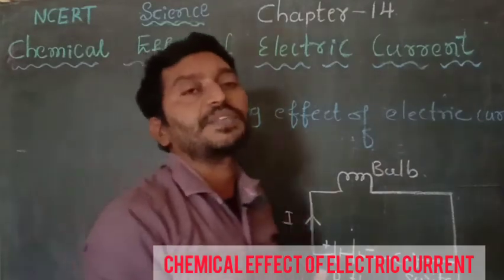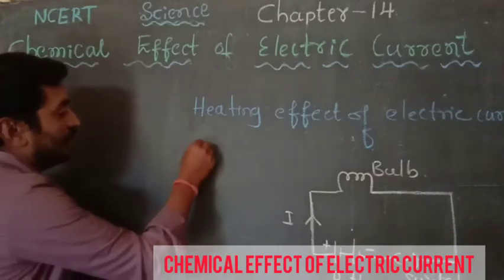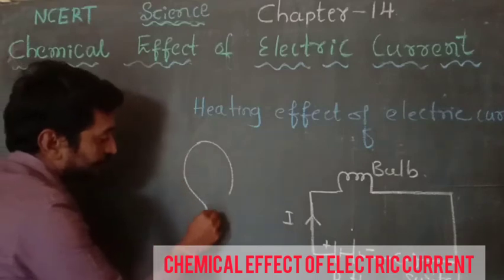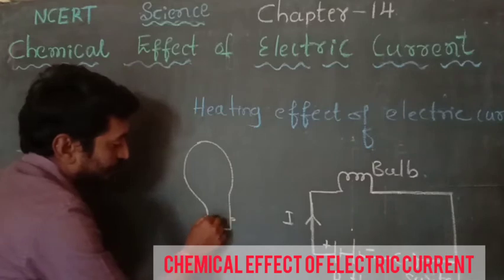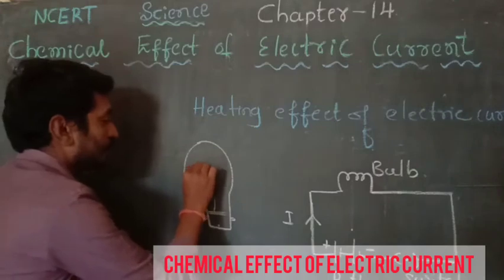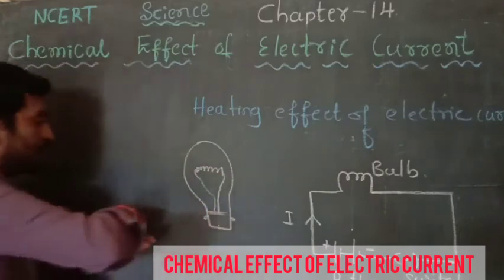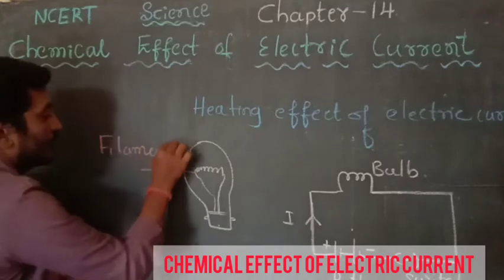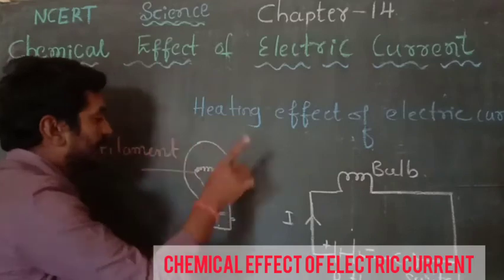What is the heating effect of electric current? Students, do you know, almost all filament lamps or filament bulbs have a filament? This is called the filament. In the electric bulb, the main part is the filament.